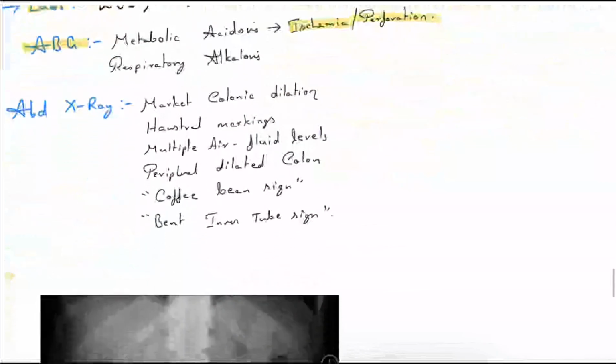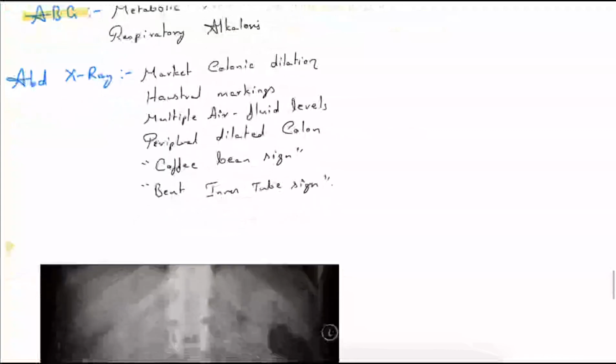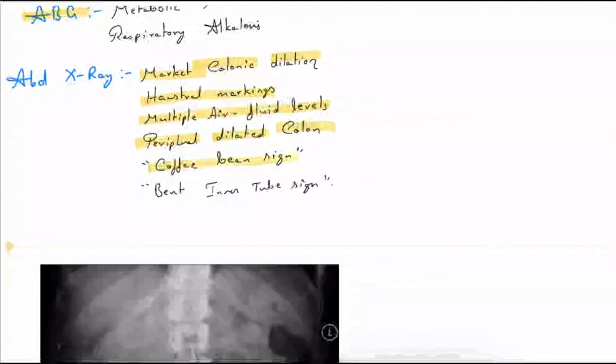Next, we can see abdominal X-ray. In abdominal X-ray, erect and supine films, we can see marked colonic dilation, haustral markings, and multiple air fluid levels. We can see a peripheral dilated colon and the coffee bean sign.